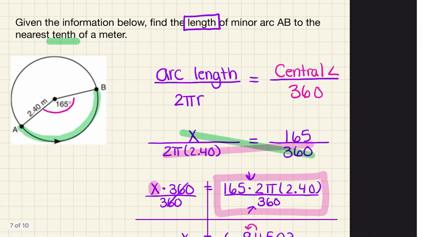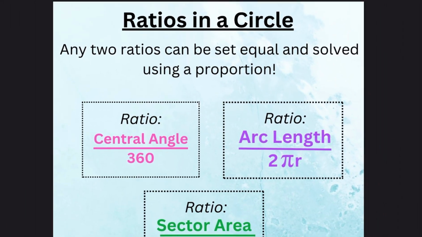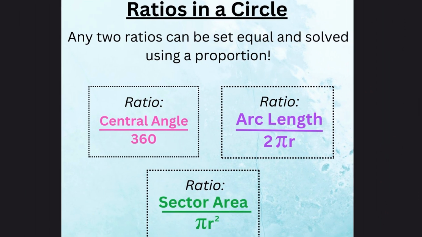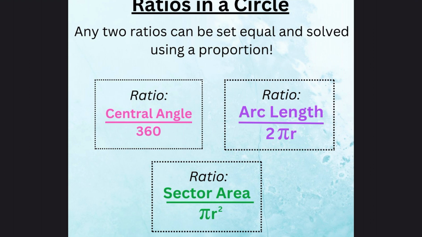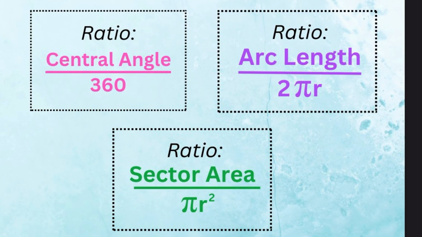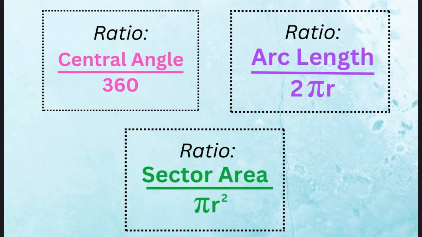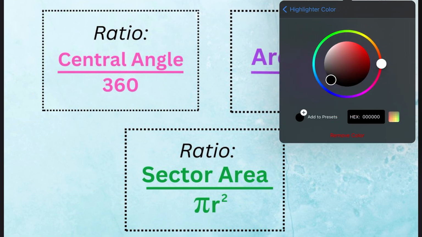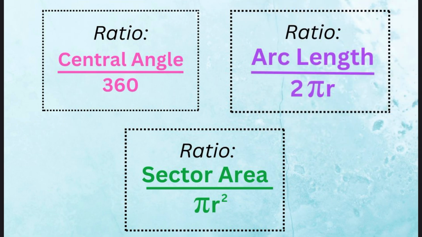So again, we just did a lot of practice problems, which I love, that used a lot of sector area. But I want to remind you, there are 3 separate ratios you can use, and you can set any one equal. So the big keyword in arc length is length.